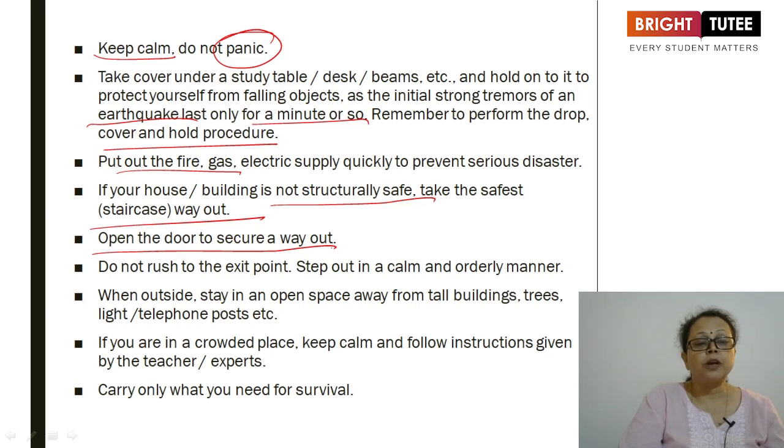So this means that in such unavoidable circumstances, we have to take that way to move out. Do not rush to the exit point. Step out in a calm and orderly manner, again to prevent any panic situation. Don't be frightened too much. Maintain the line, queue up and maintain the order even while coming down the stairs.